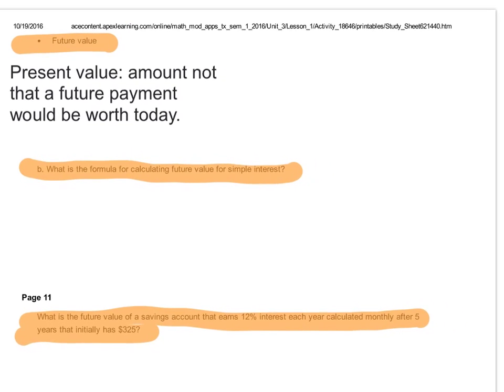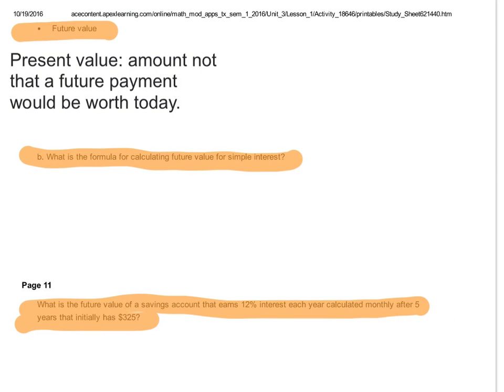And then the future value is just the amount to which a specific sum will grow in the future. So let's get here.